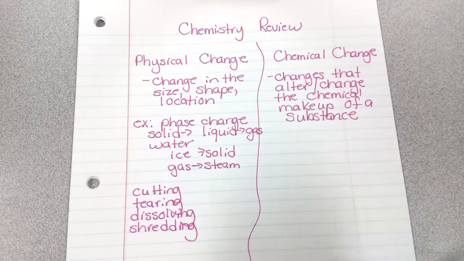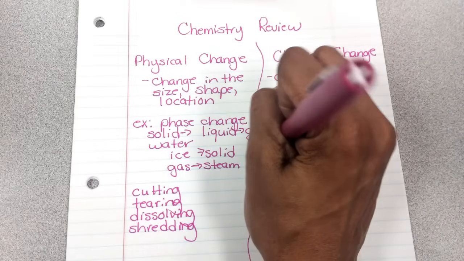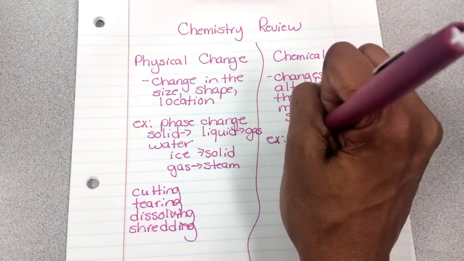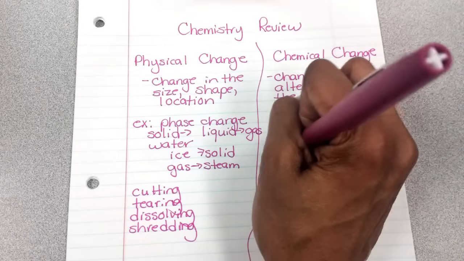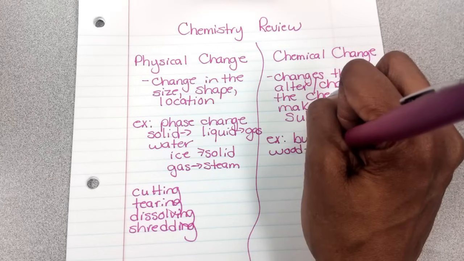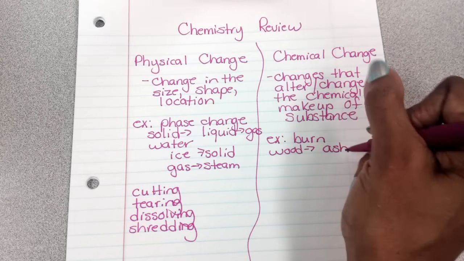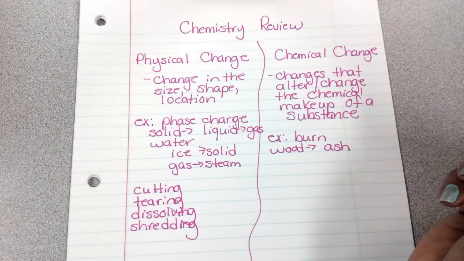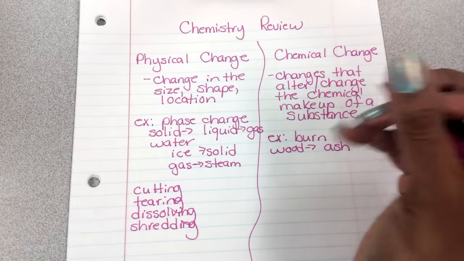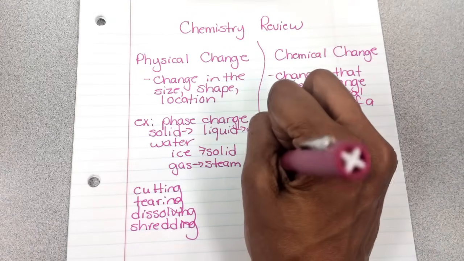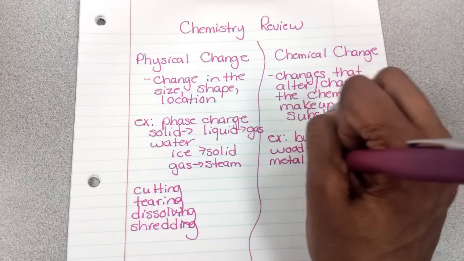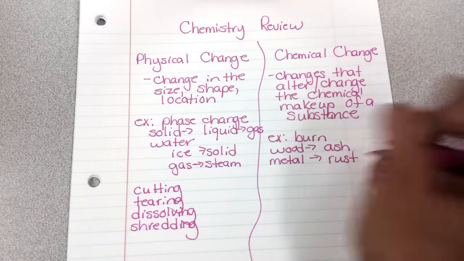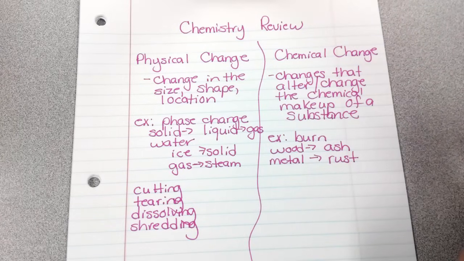Okay, so some examples of things that are chemical change. Anytime you burn something, that is a chemical change. So wood, if you burn wood, it becomes ash. You can't take that ash and make wood. That's a chemical change. An example is metal that rusts. Metal is one substance. If it rusts, rust is a totally new substance.